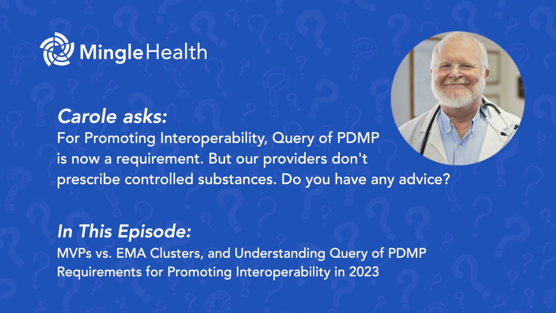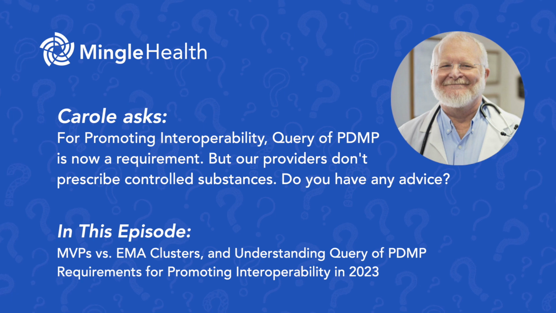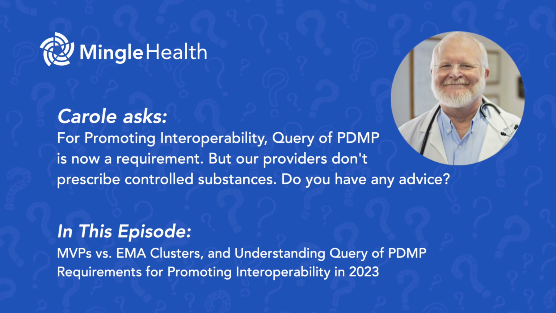So what are the requirements of the measure? The measure is addressed as an attestation. You answer the question, has the required action been performed at least once by the individual provider or by at least one provider in the group? Yes or no? The required action is to query the local PDMP to access the patient's history when prescribing a controlled substance.